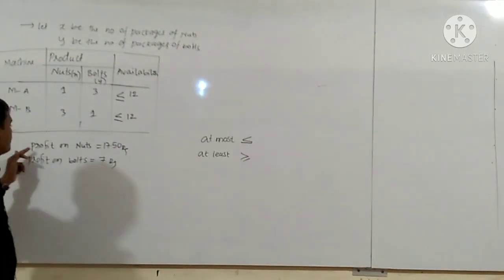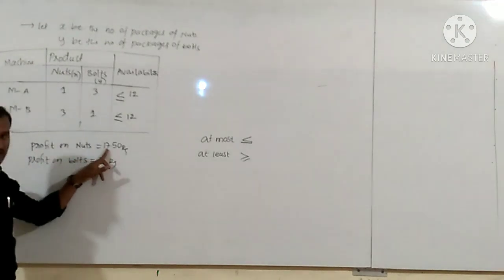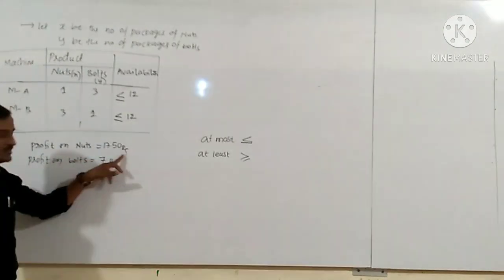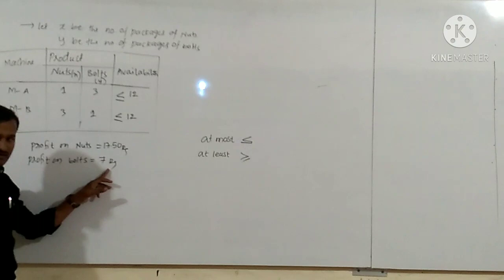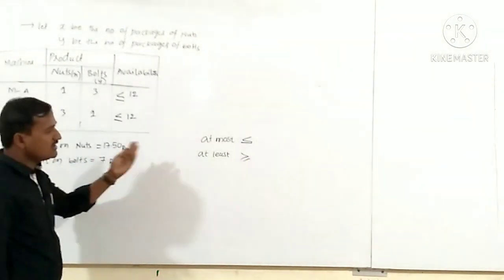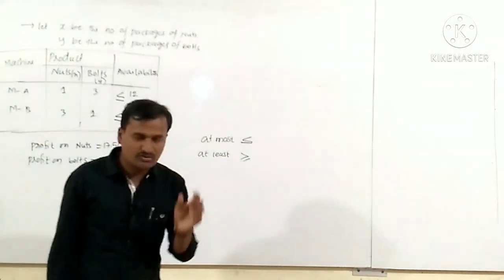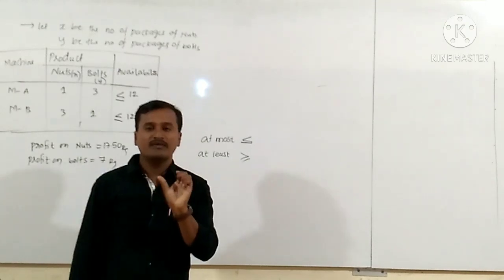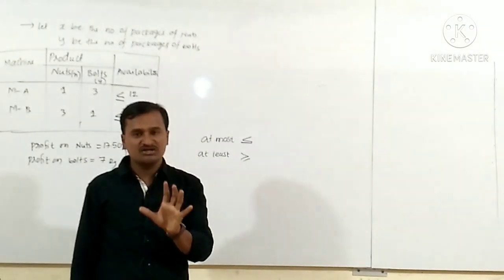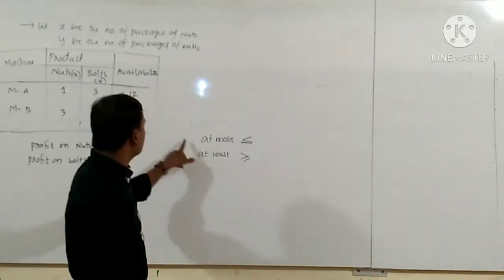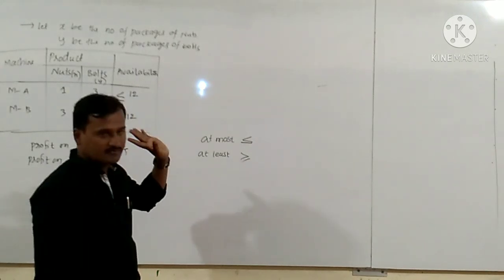The profit on nuts is 17.50 rupees and the profit on bolts is 7 rupees. How many of each should be produced to get the maximum profit if he operates his machine at most 12 hours per day? This is the question.